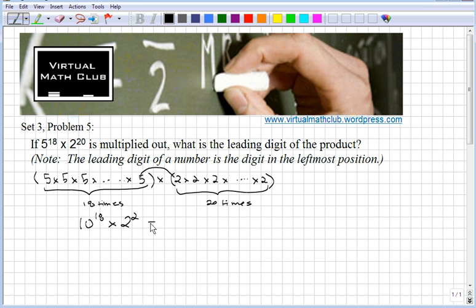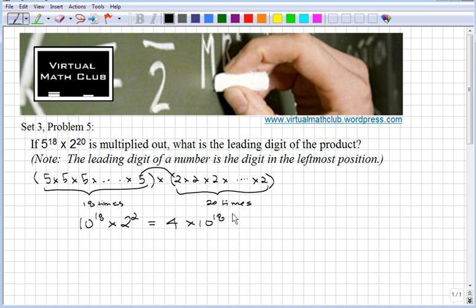Now that's a lot easier to do because 10 to the 18th will just be a 1 with 18 zeros, right? Because every time you multiply by 10, you just add another 0. So that makes it easy. And a 1 with 18 zeros times a 2 squared, which is 4, is just going to be 4 times 10 to the 18th.